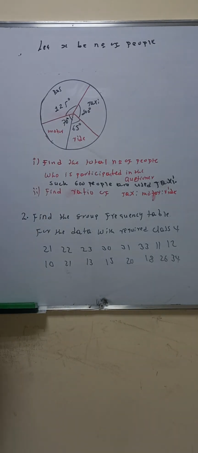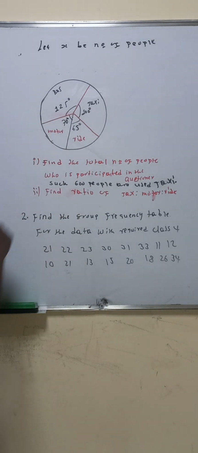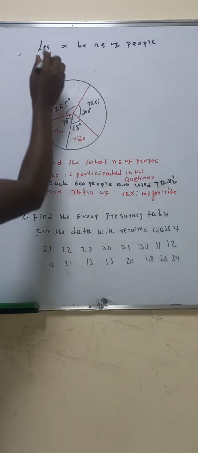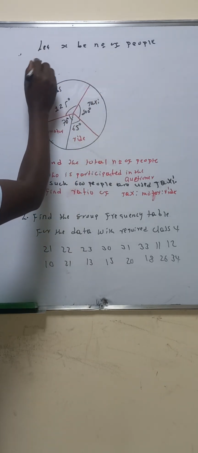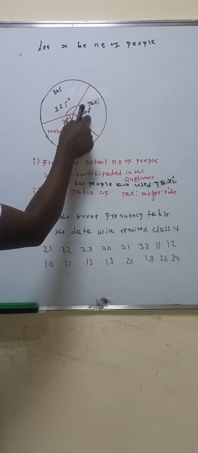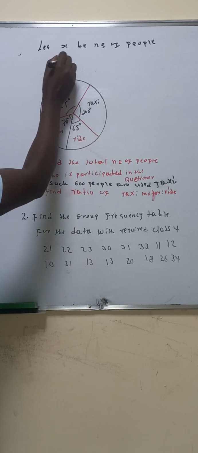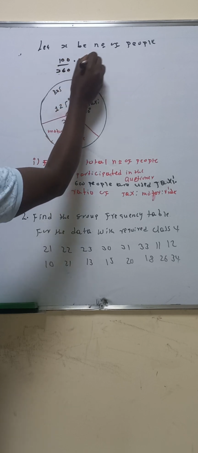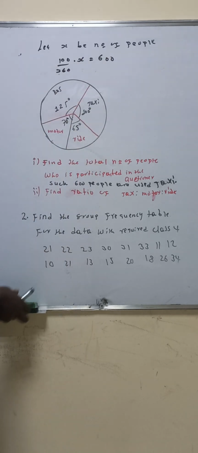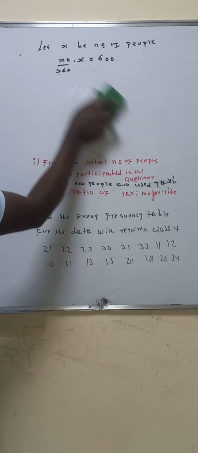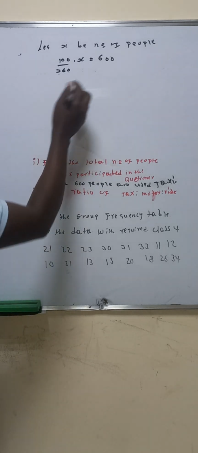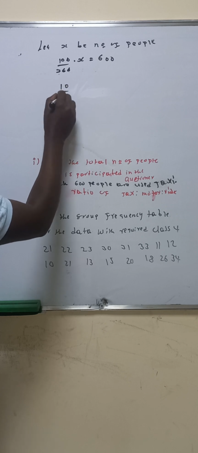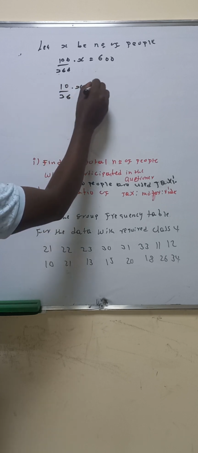If X is the number of people involved in the questionnaire, and 600 people used taxis, then this 100 degrees is out of 360, so 100 over 360 times the total number X is going to be 600. From here, this is cancelled by this one: 10 over 36 times X is going to be 600.